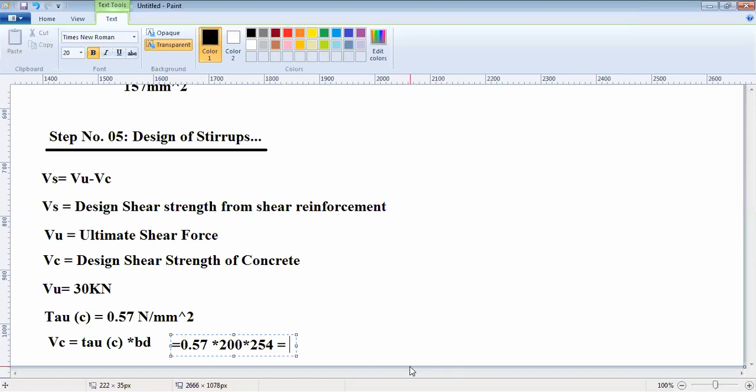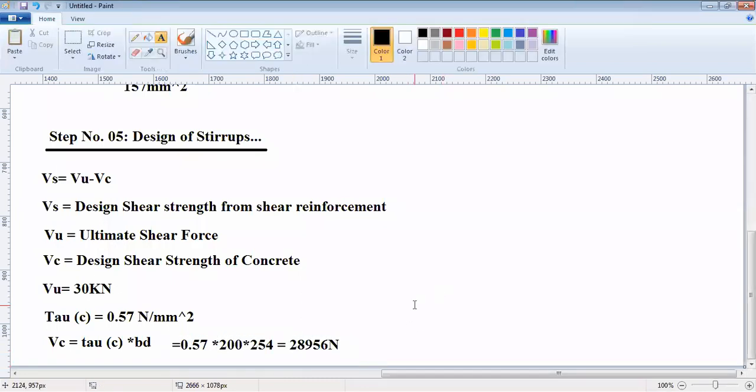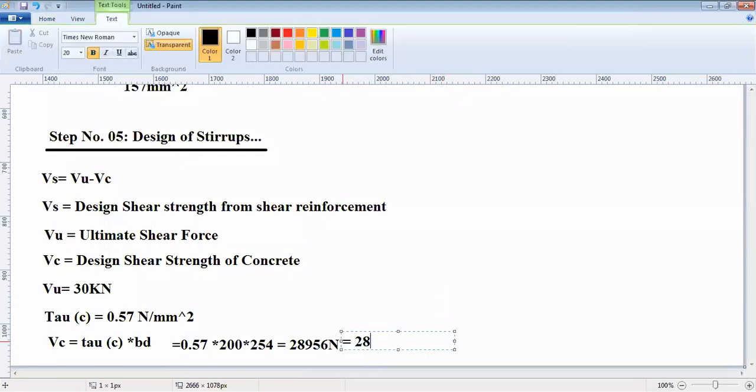So this comes to 28,956 newtons. That is 28.956 kilonewtons.